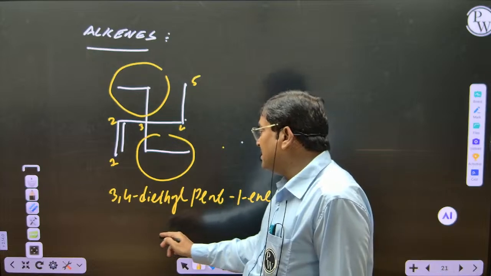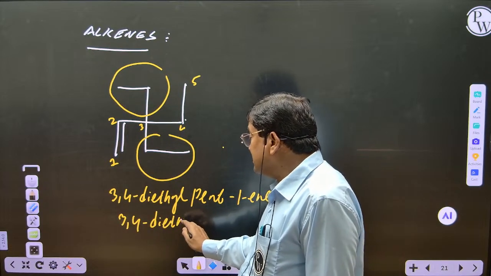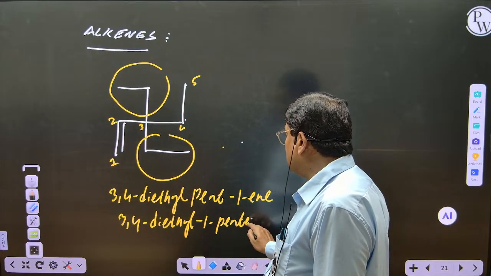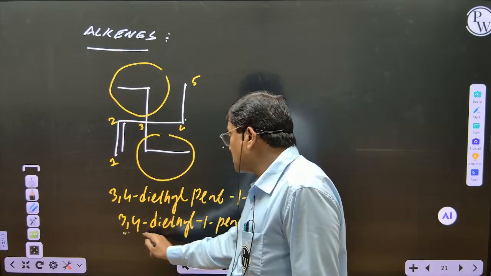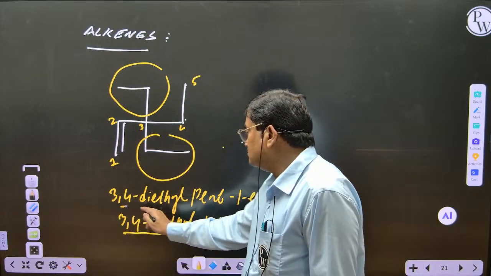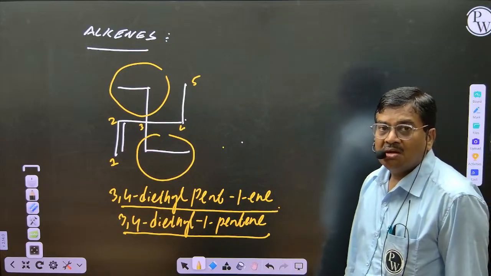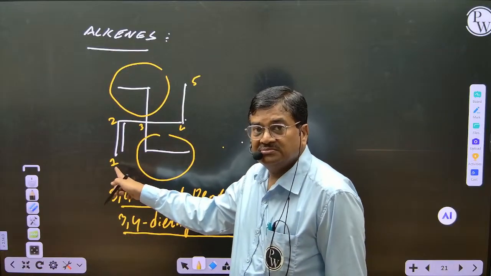Or you can even write, students, like this also: 3, 4 diethyl 1-pentene. You can write in this manner also. Both the way it is correct, students. But you have to tell the address. Understood, students? So from functional group onwards you have to give numbering.